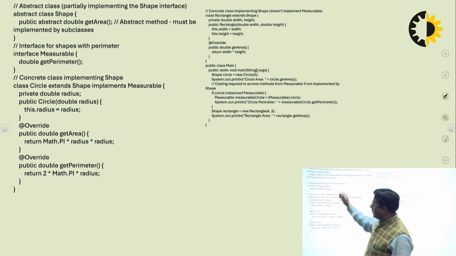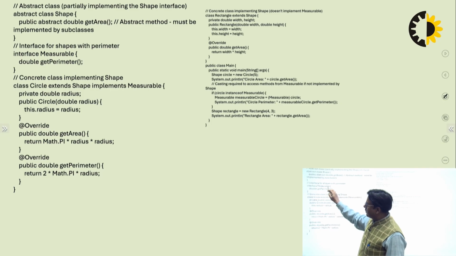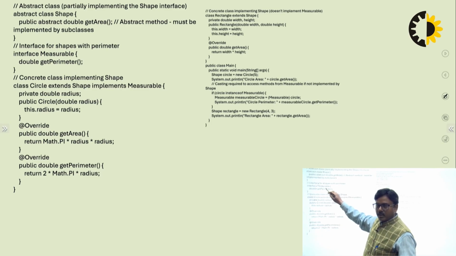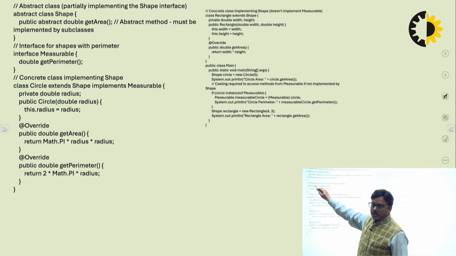Now another interface for shape with perimeter: interface Measurable, double getPerimeter. So we have created an interface here, just similar to how a method is created. The coding will be written similar to that of a method, only the keyword interface will be written here.